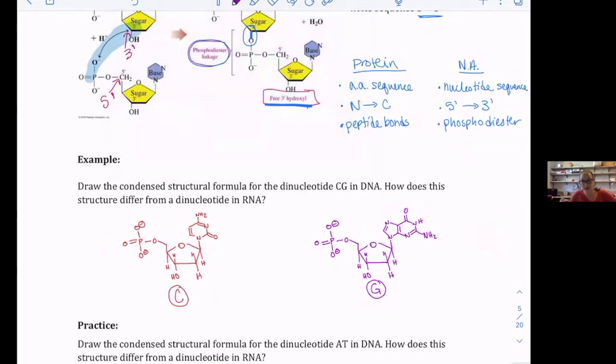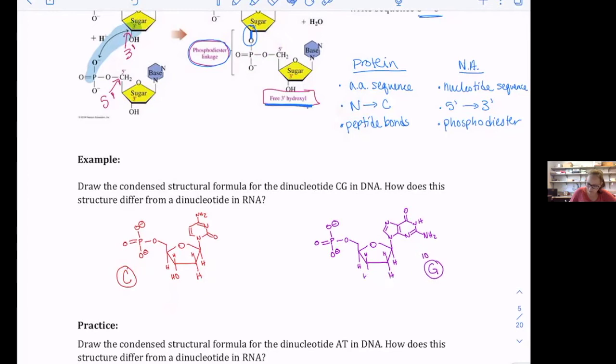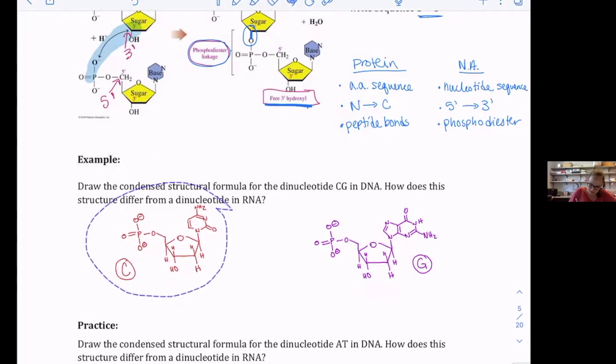And I just drew out the nucleotides of C and G. So C is the first one in the order that we're given in the sequence. So I'm going to move this little letter over to the side for each of them so that we still remember which ones they are. But our C is going to be first. I'm going to try and move it up just a little bit.